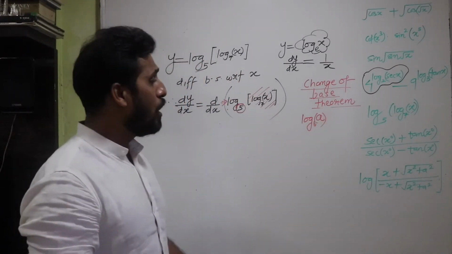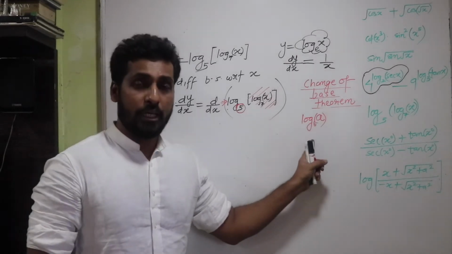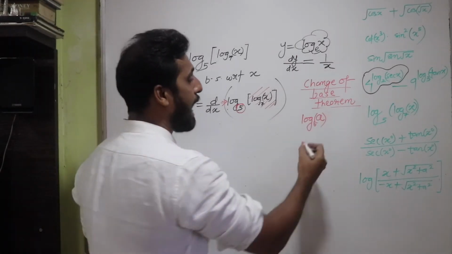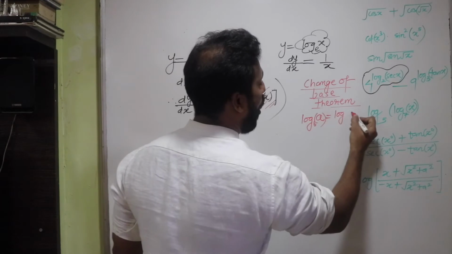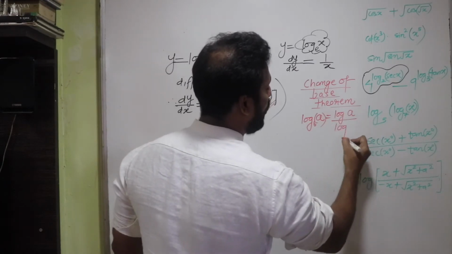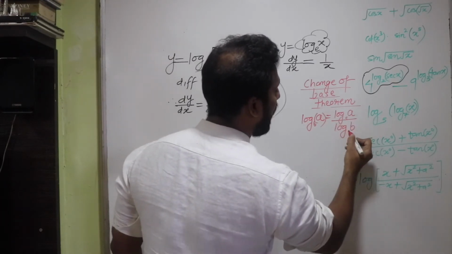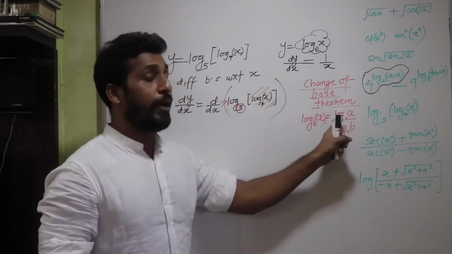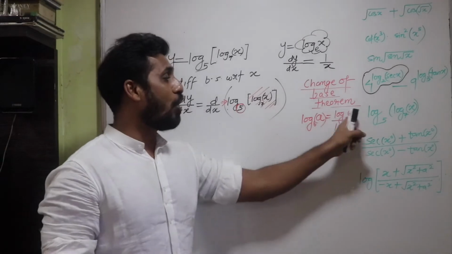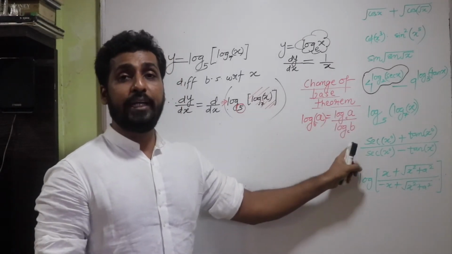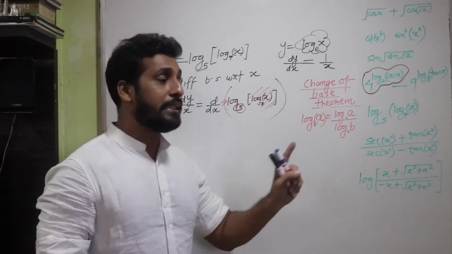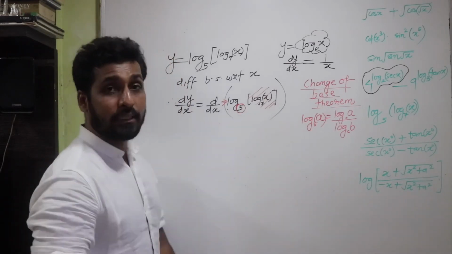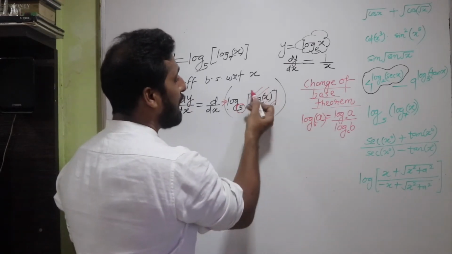Log of a to the base b can be written as log of a upon log of b to some common base c. So that's what the change of base theorem is.